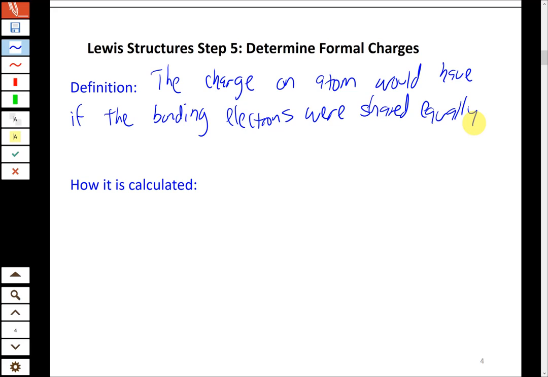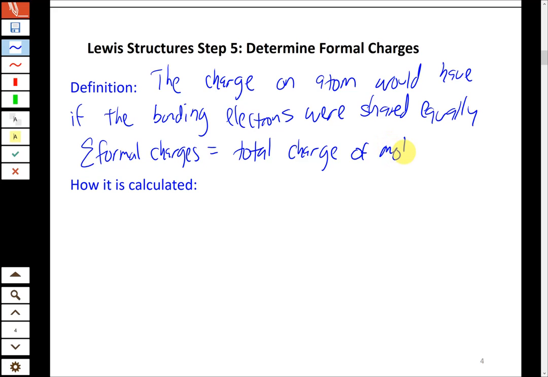So what should happen then, once we calculate formal charges, which I'll show you how to do in a second, if you sum the formal charges over the entire molecule or ion, so every atom is going to have a formal charge, you sum them all up for every atom, that will equal the total charge of the molecule or ion. So if it's a neutral molecule, which is most of the ones that we'll deal with, then the sum of the formal charges has to equal 0.